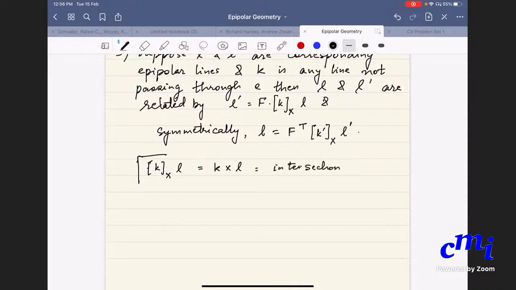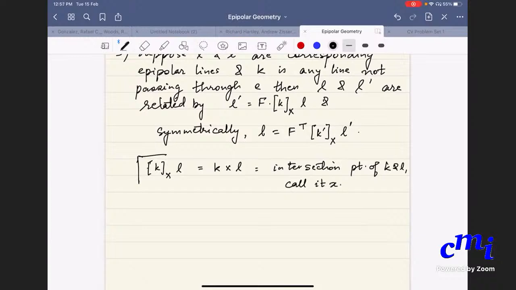This is where projective geometry becomes useful. For the intersection point, you don't have to worry about whether the lines are parallel or not. Even if they are parallel, the intersection point makes sense in projective geometry. So this is the intersection point of K and L. Let's call it X.